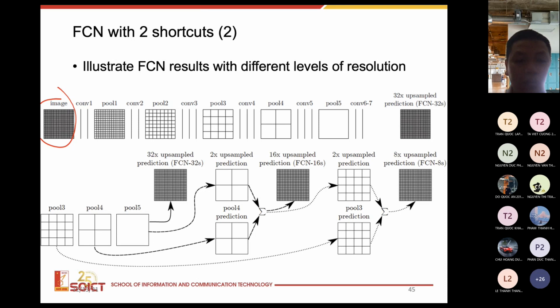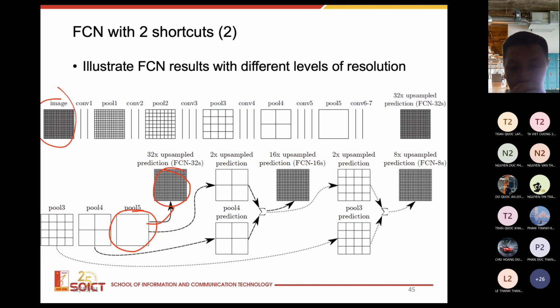For example, this is the output of pooling layer number 5, and then you can do 32x upsampling to have the final activation map here.